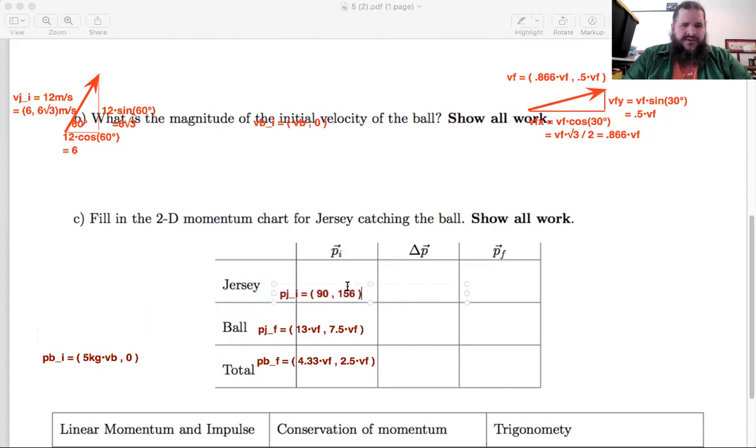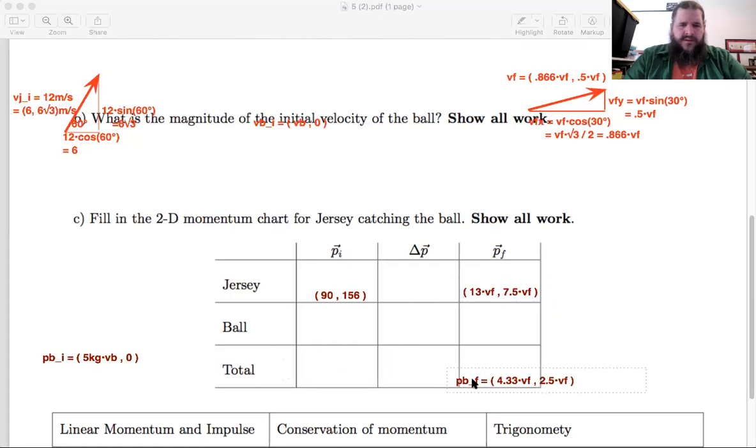So we've got our initial momentum for the dog. Final momentum for the dog. Final momentum for the ball. And initial momentum for the ball.